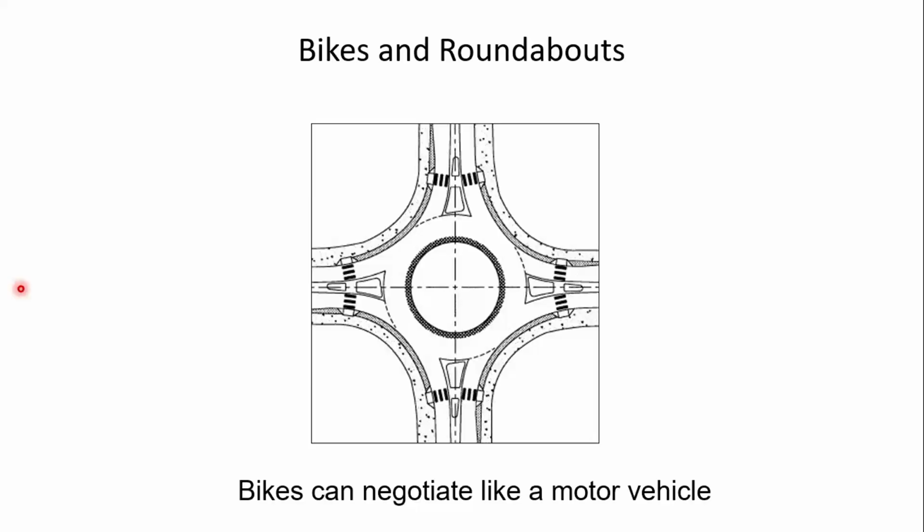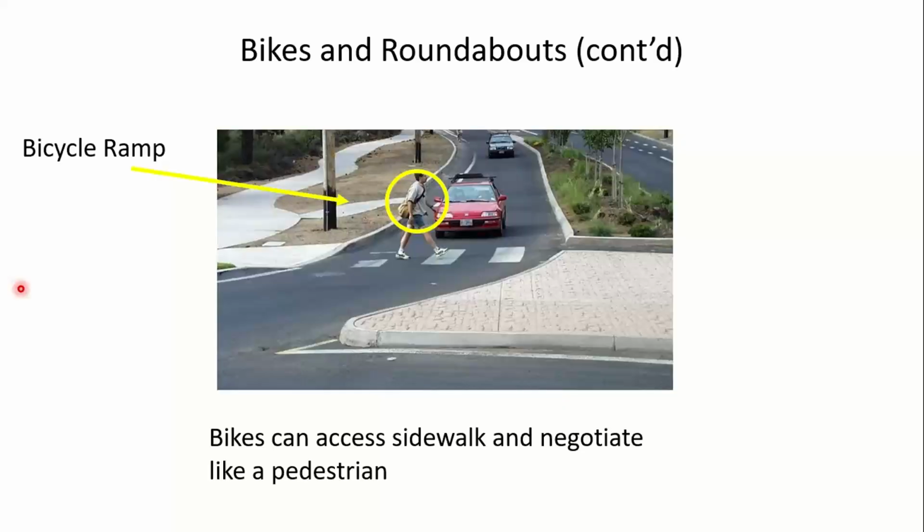In terms of bicycles and roundabouts, bikes can negotiate the roundabout like a motor vehicle, or they can also access the sidewalk and negotiate the roundabout like a pedestrian. Maybe some of the less comfortable novice cyclists may be inclined to negotiate the roundabout in that fashion rather than being in traffic.